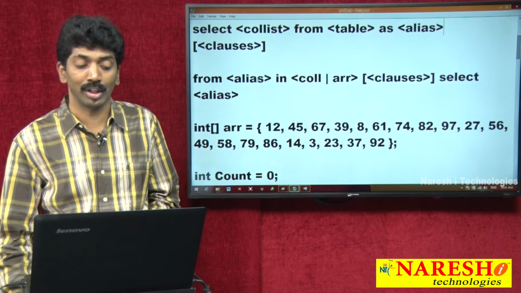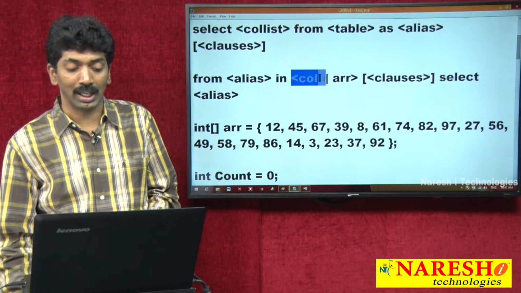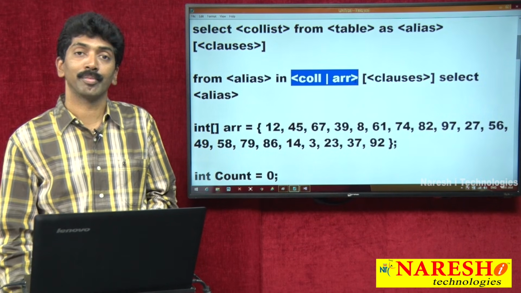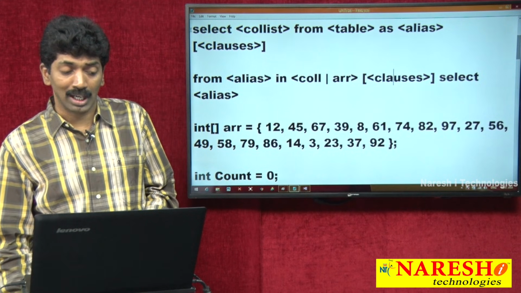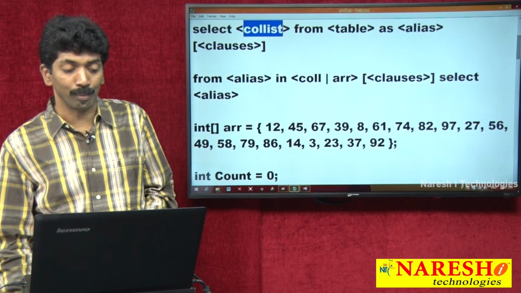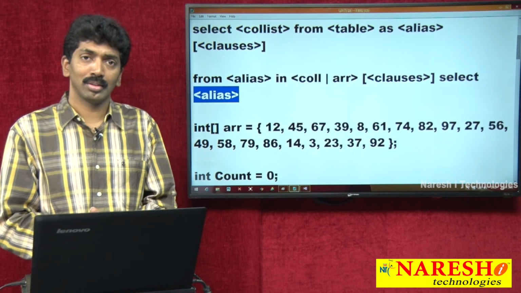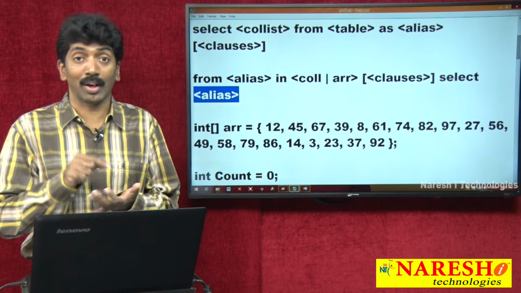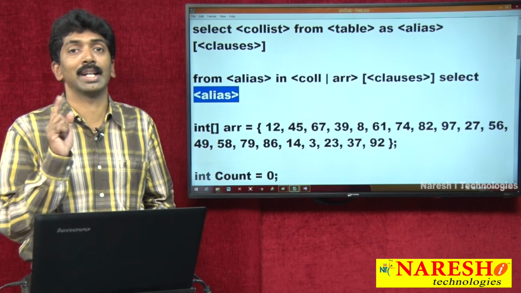But here is the reverse order: alias in, not as, in the name of the collection or the name of the array. And then the clauses are the same, but here your query starts with select, and here my query ends with select. Select column list, but here alias. Why alias? An array doesn't have column names. So wherever you require a column name, in all those places you are required to use the alias name.